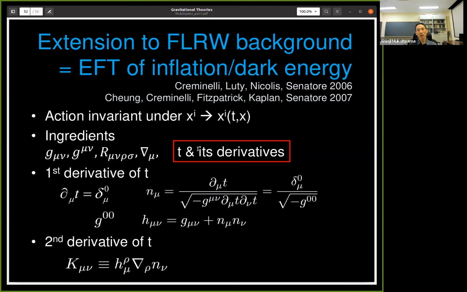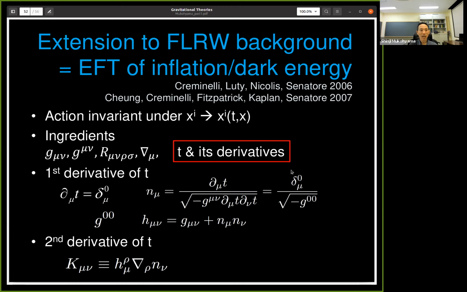Also, we can use the derivative of time. For example, if we take the first derivative of time, then we get the Kronecker delta. Also we can construct a unit vector, which is normal to the constant time surface. This is proportional to the derivative of time, but we need to normalize, which we can also do by using the first derivative of time.